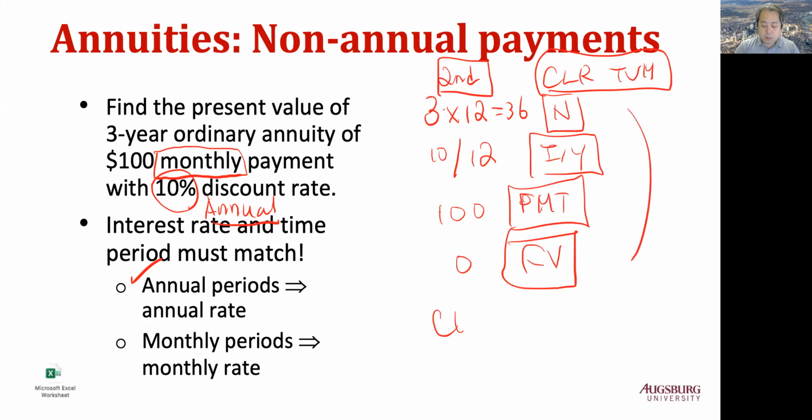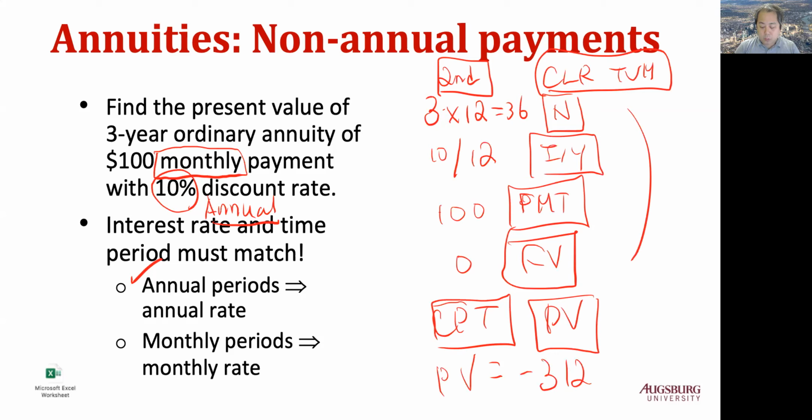And compute present value. Then present value equals negative $3,124.95. So for a non-annual problem, you need to change 2 things. First, number of periods. Second, interest rate.